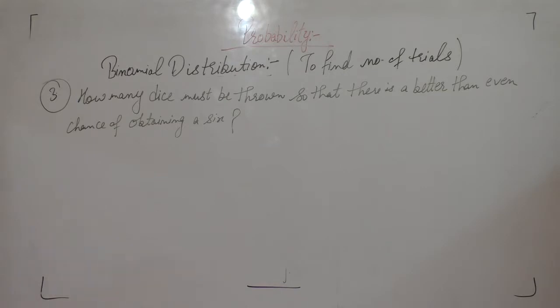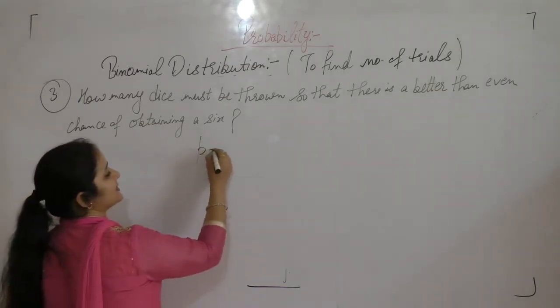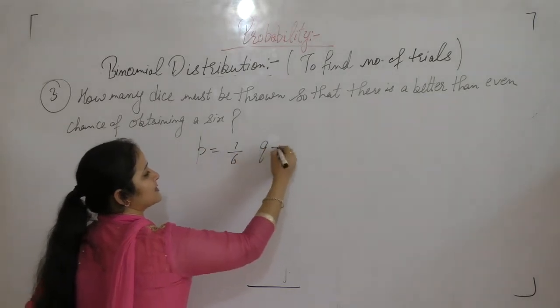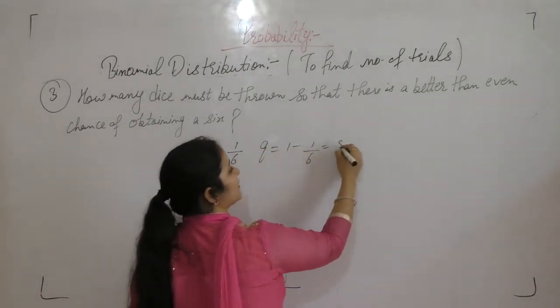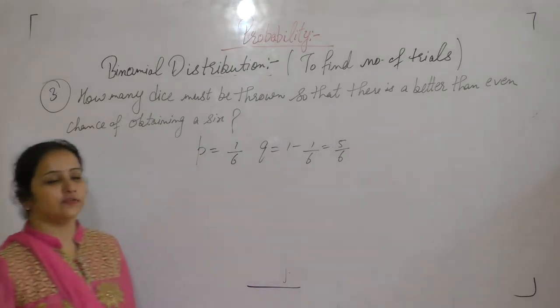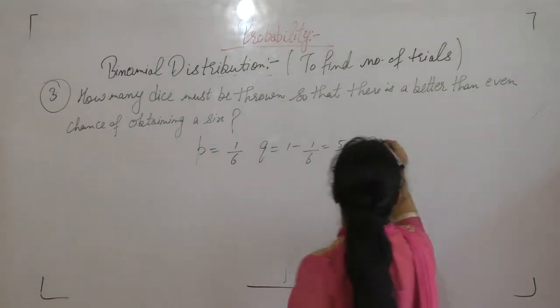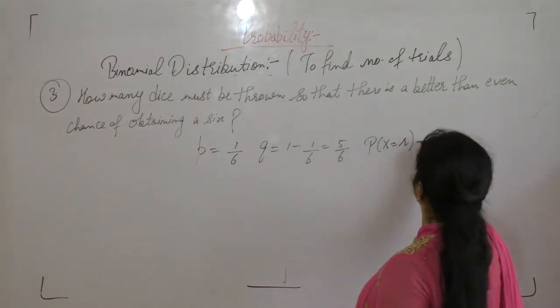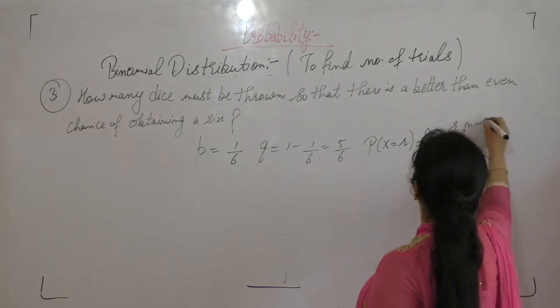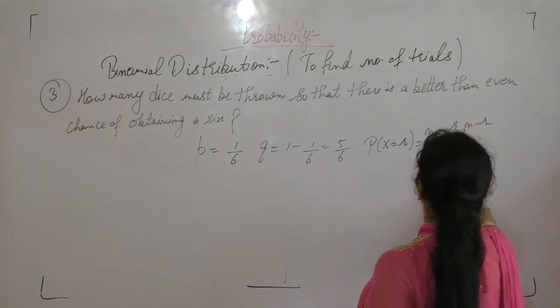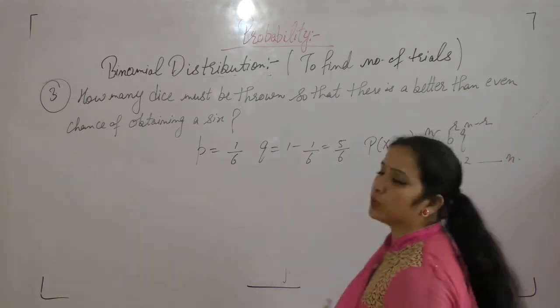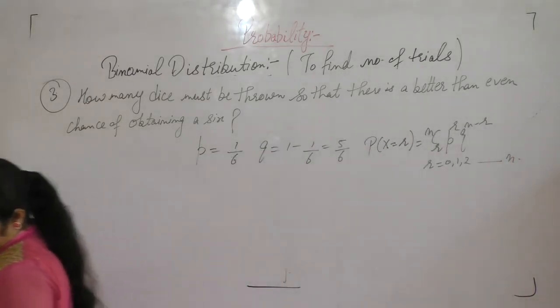So probability of getting a 6 in a single dice is 1/6. Q is 1 minus 1/6, that is 5/6. Let n dice be thrown. So nCr p^r q^(n-r), r takes value 0 to n.